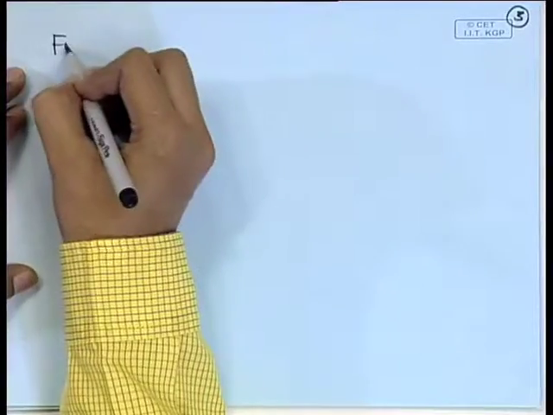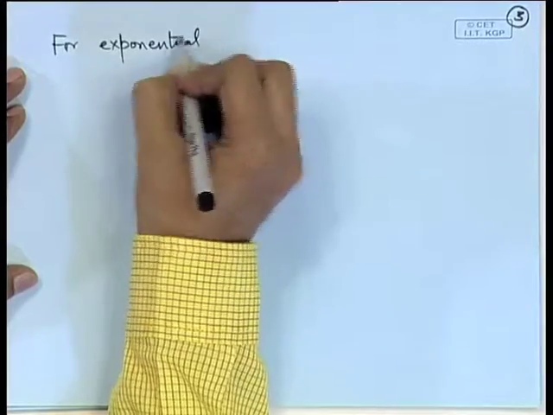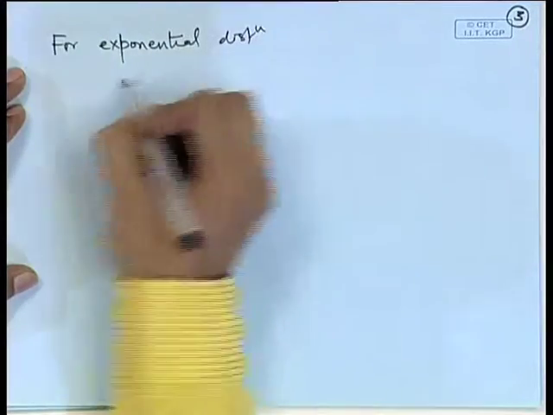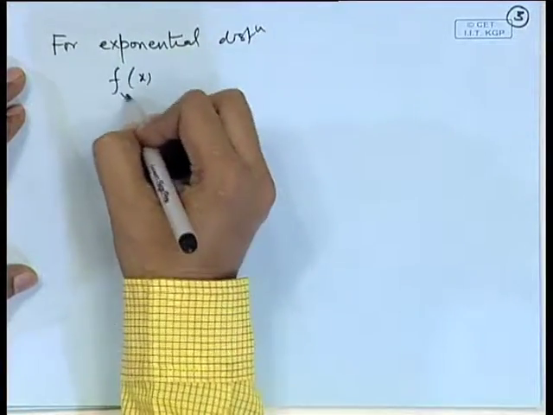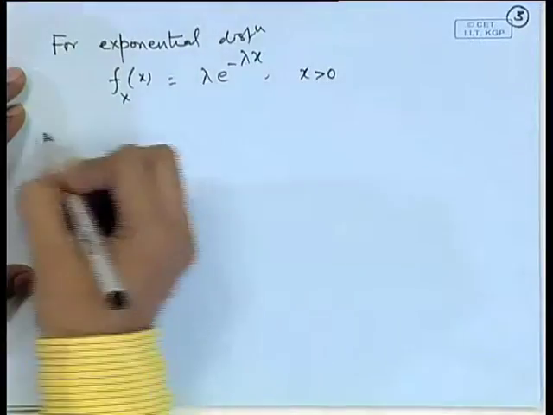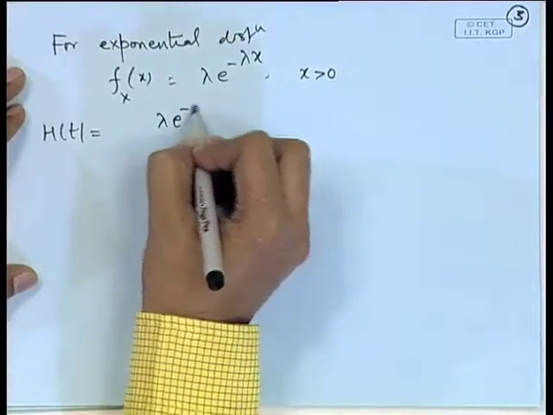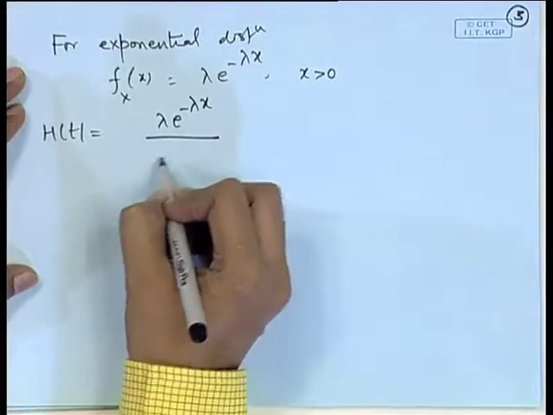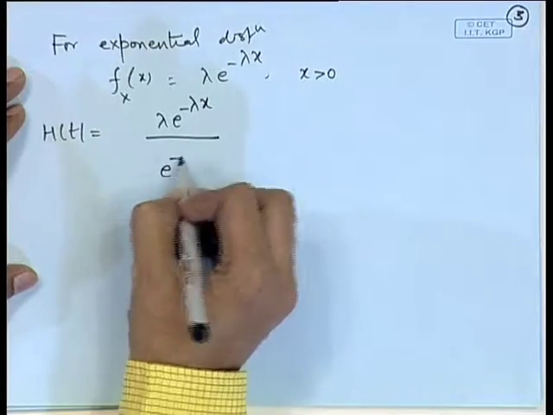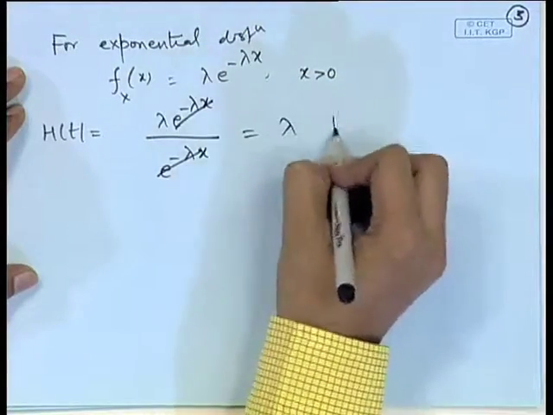In the case of the exponential distribution, if I take f x equal to lambda e to the power minus lambda x, the density is lambda e to the power minus lambda x, the reliability function is e to the power minus lambda x, that cancels out, and the hazard rate is lambda for all x.